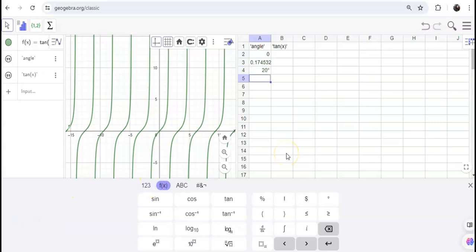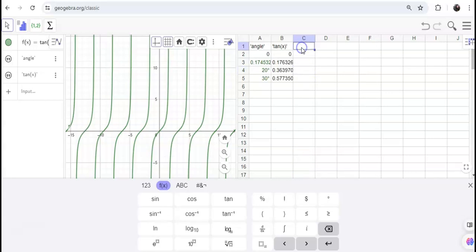We have 30 degrees. And then here in the second column, we write tangent and then click on a cell along column A. And then we just need to drag it down like that.